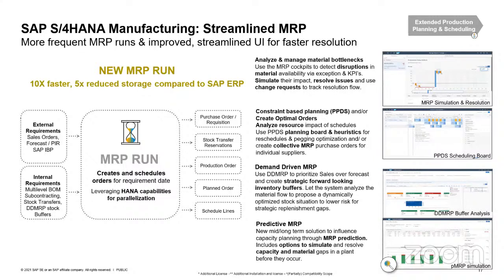You can see on the right hand side there are interesting apps, because planners have always shared their challenge that the calculation or the output of MRP is difficult to comprehend.